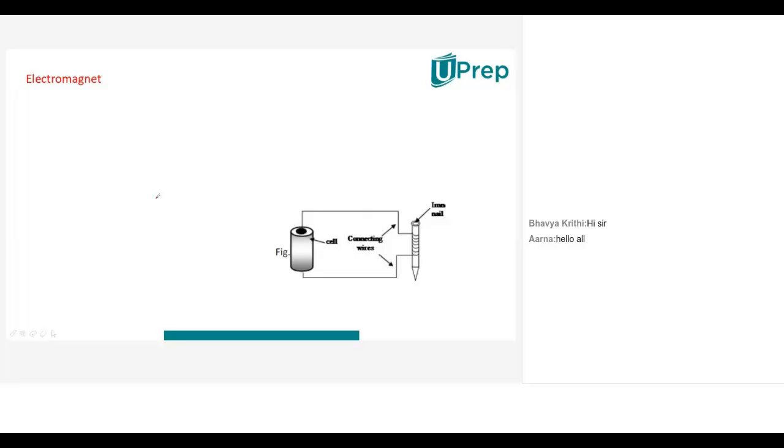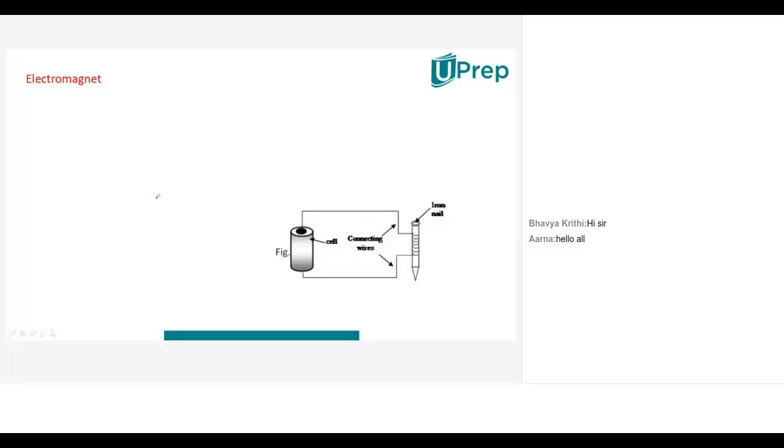Now, if electricity passes through the cell, tell me what happens to the iron nail? Priscilla, if electricity passes through the connecting wire which is wound around the iron nail, what happens to the iron nail?